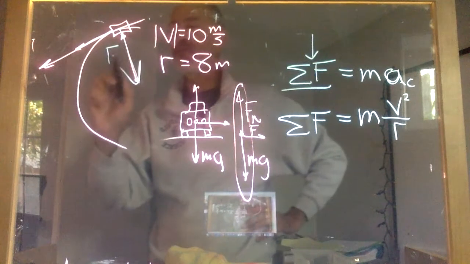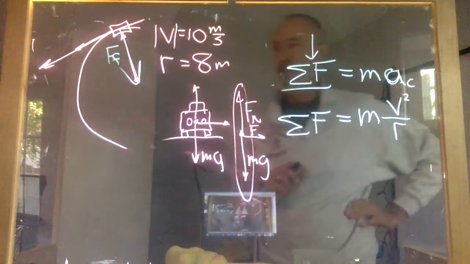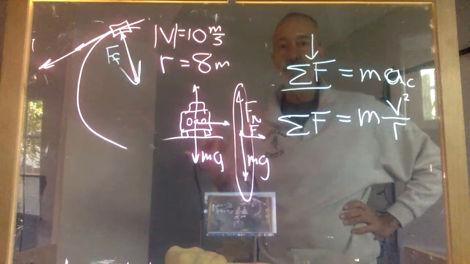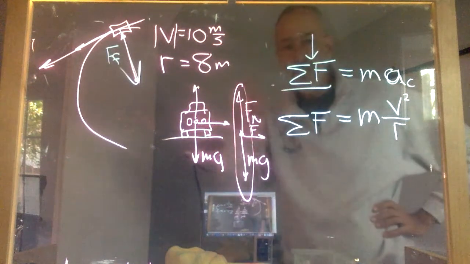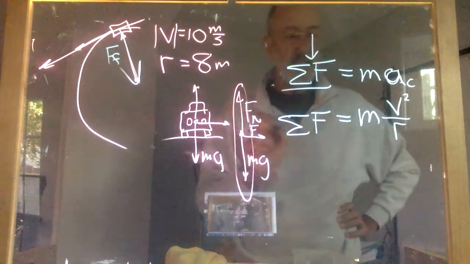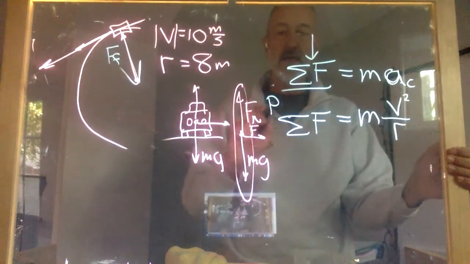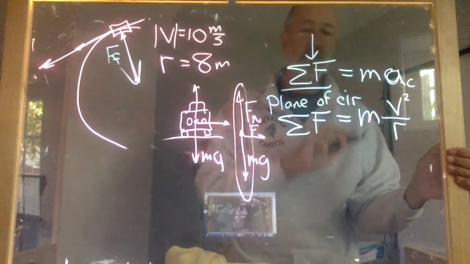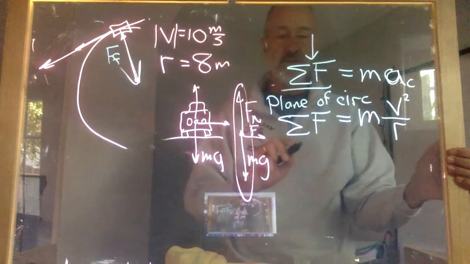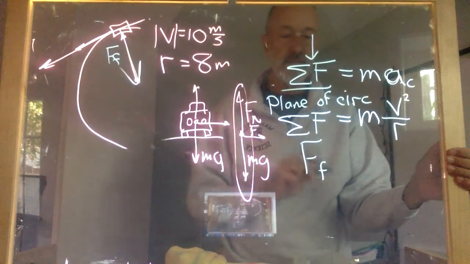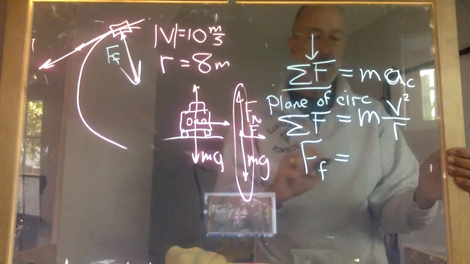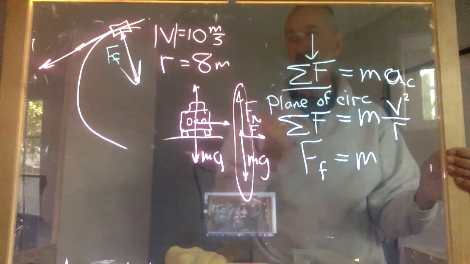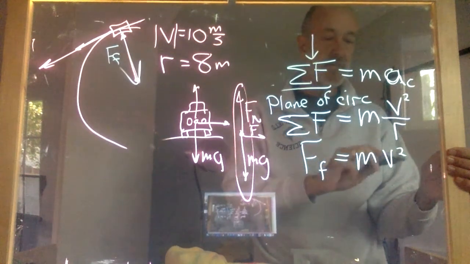So we've got the force of friction as the only force in the plane of circular motion. So when I'm doing this in the plane of circular motion, the net force is going to be the force of friction. It's going to be towards the center. The mass, I'm going to have to give you a mass, and v squared over r.